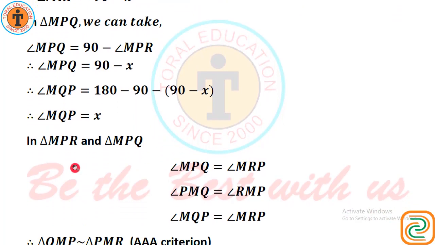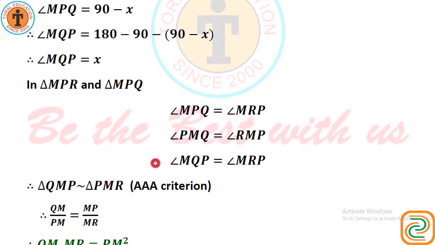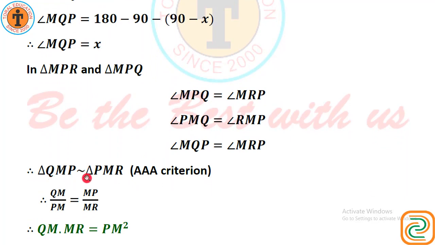Therefore we can say in triangles MPR and MPQ, MPQ equals MRP, both are X. PMQ equals RMP, both are right angles. And MQP equals MRP, right? Therefore triangle QMP is similar to triangle PMR by the angle, angle, angle criterion.